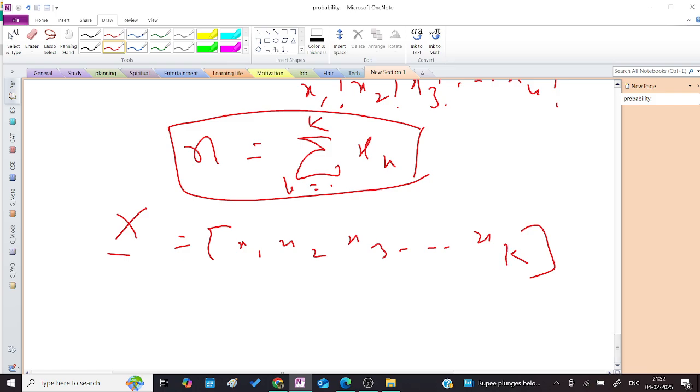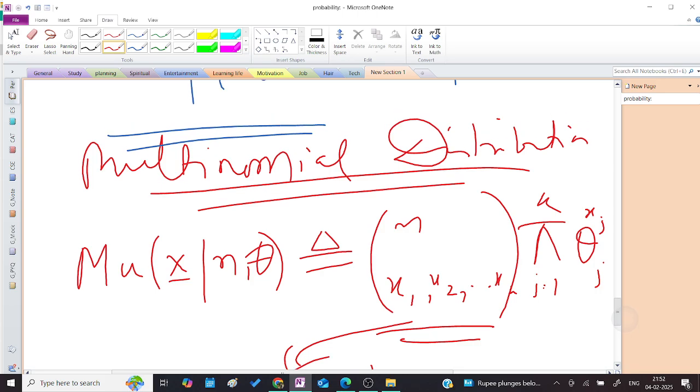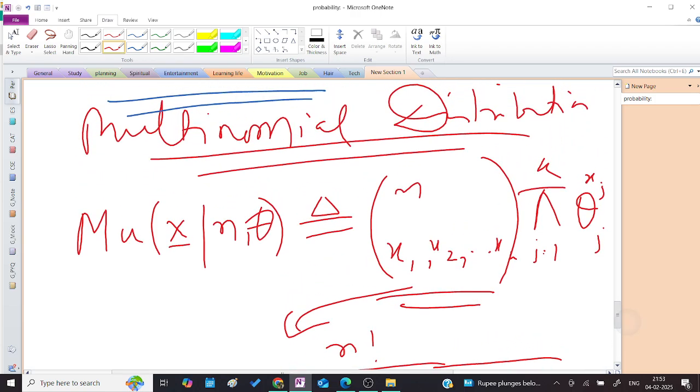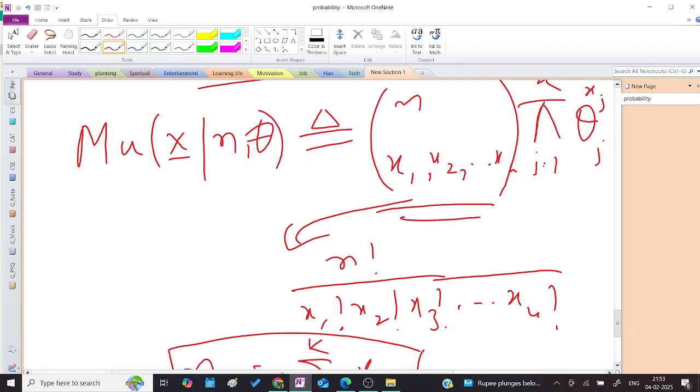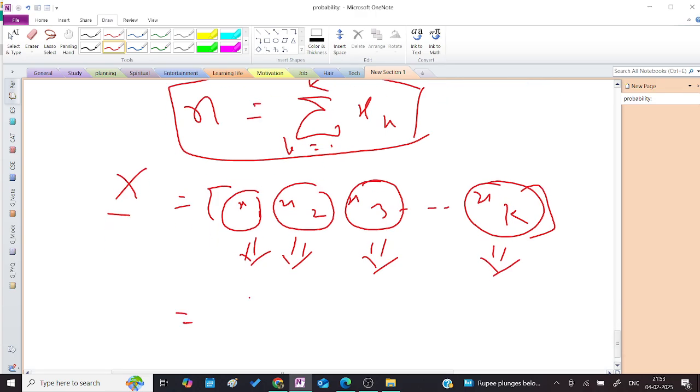So that their sum should be equal to N. So suppose a die is tossed n number of times, right?